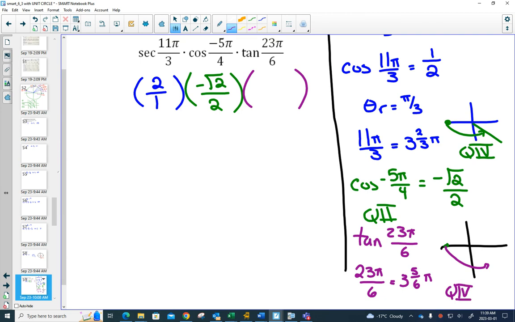Tan is negative in quadrant 4. Pi over 6 family for tan is root 3 over 3.